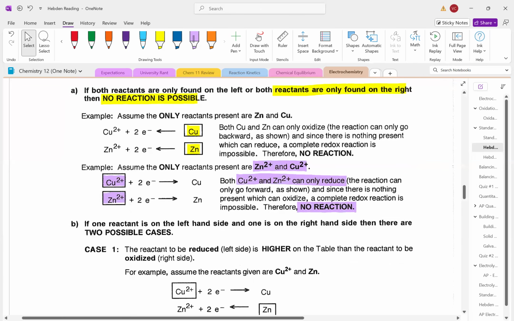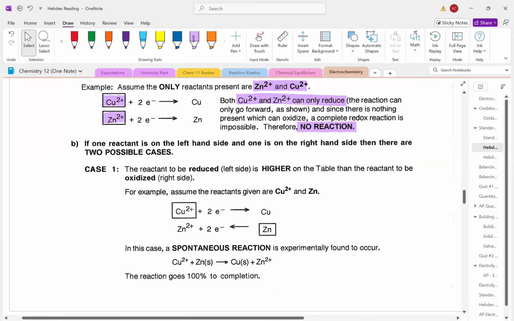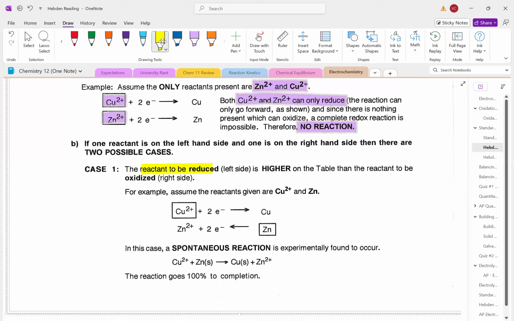Now, on the bottom of page 195, they talk about when the reactant to be reduced is higher up on the table than the reactant to be oxidized, which is on the right-hand side. What you get is a spontaneous reaction.